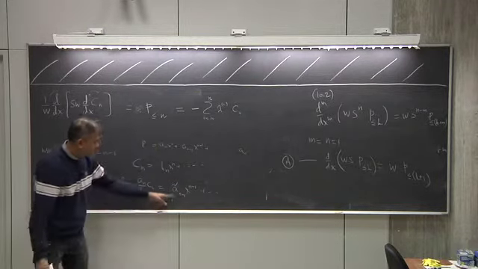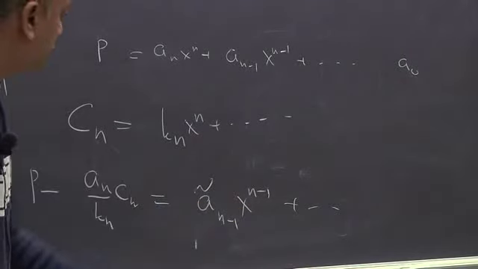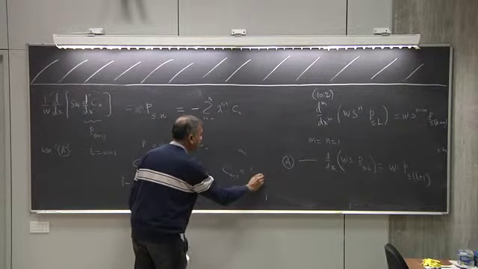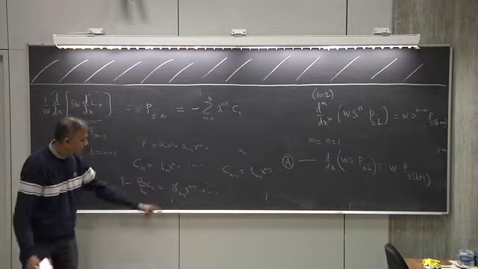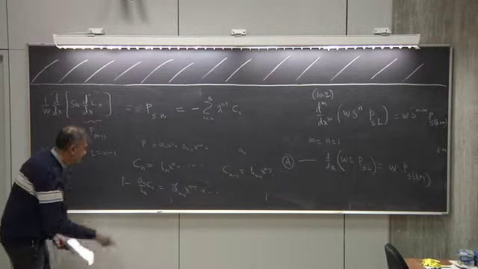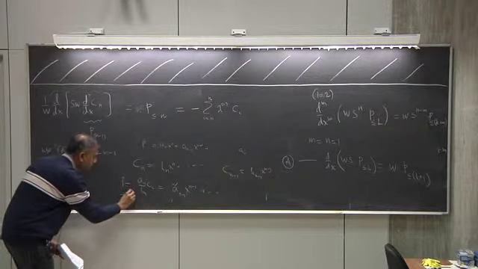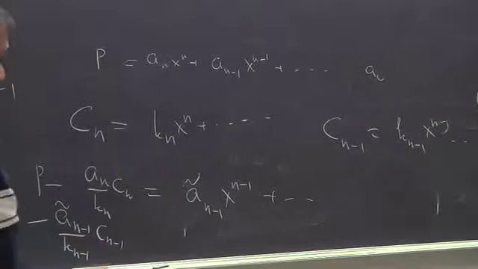Now you want to get rid of the x^{n-1} term. So you look at C_{n-1}. This will have some k_{n-1} x^{n-1}, etc. Now I can get rid of this term by again subtracting further ã_{n-1} over k_{n-1} times C_{n-1}.